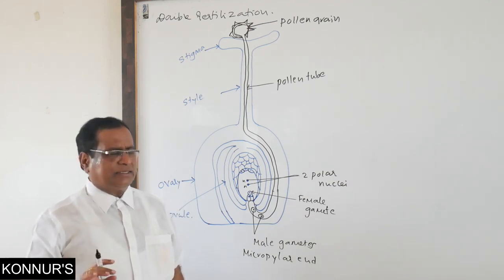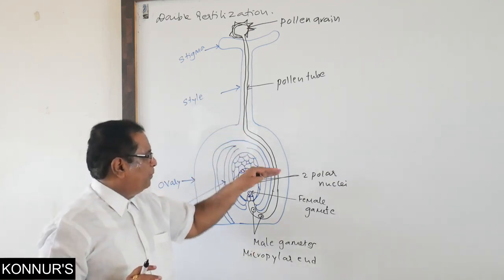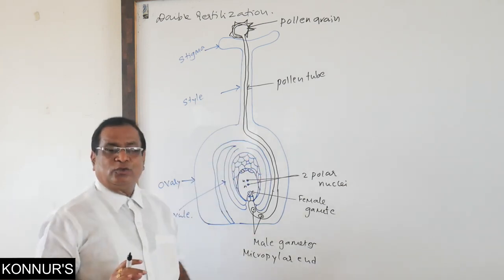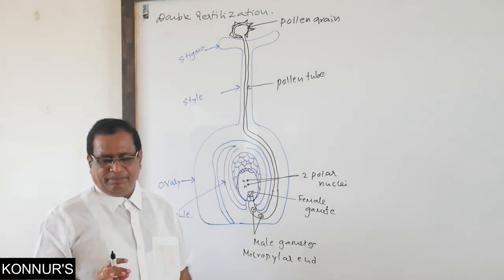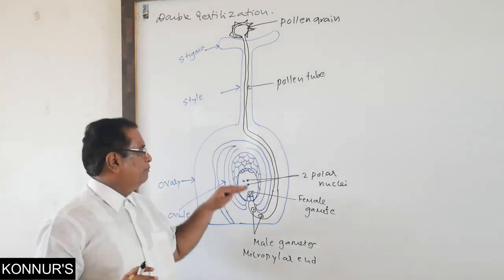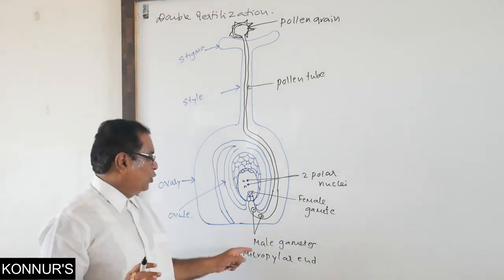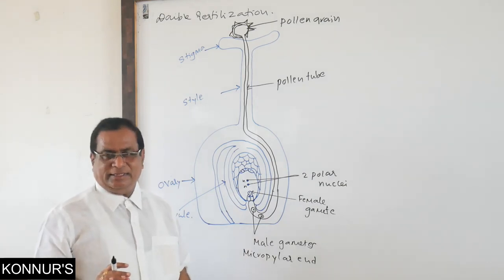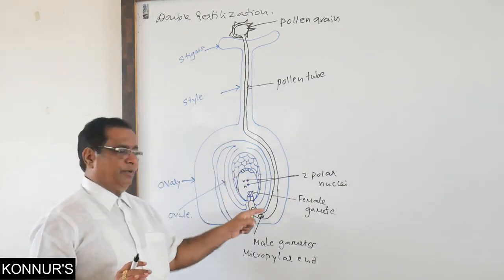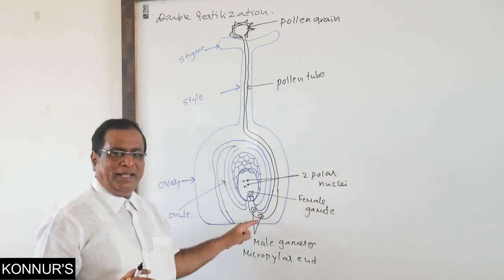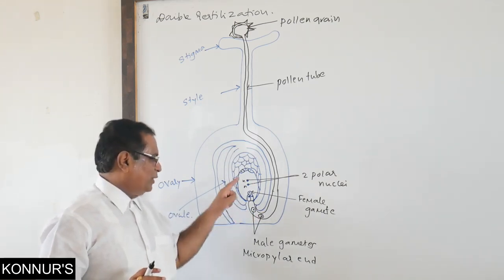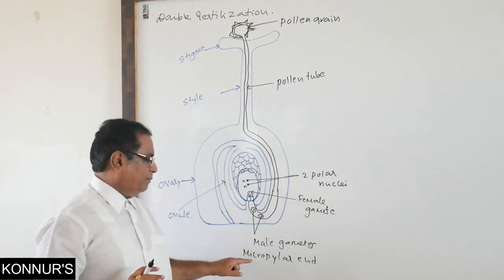In other cases the pollen tube may enter through the integuments, then it is said to be mesogamy. But more commonly porogamy takes place.